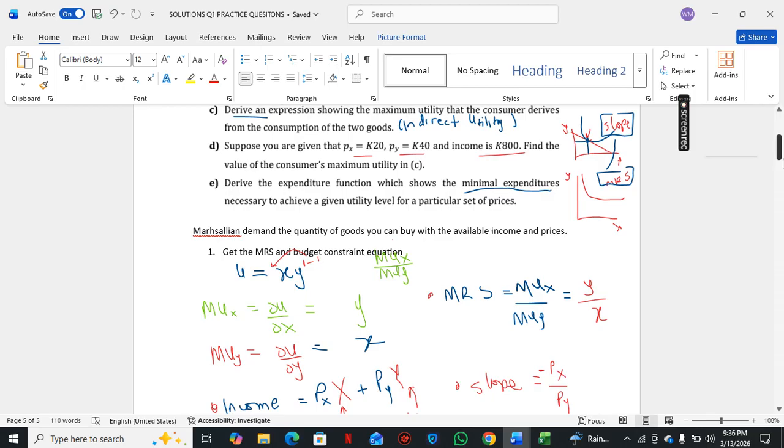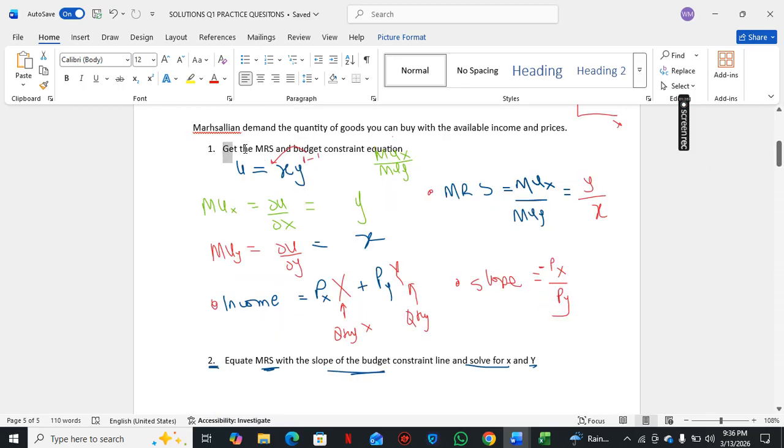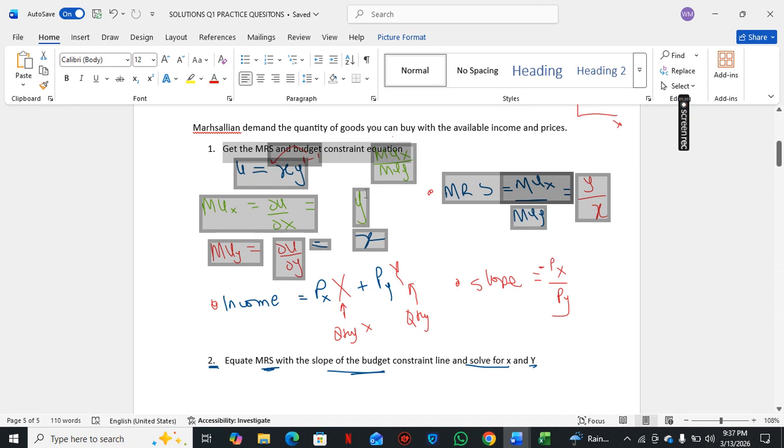So the first step is step 1. Get the marginal rate of substitution and the budget constraint equation.